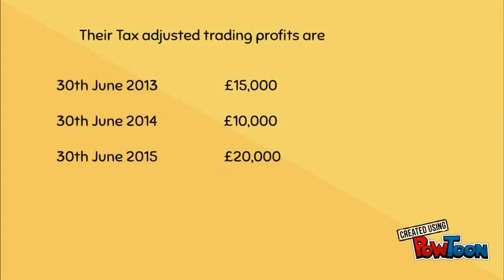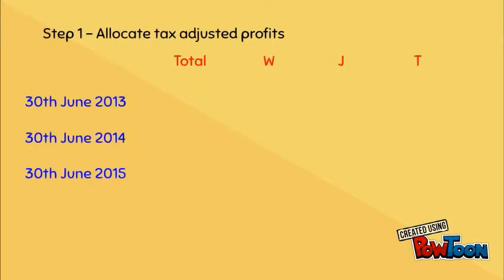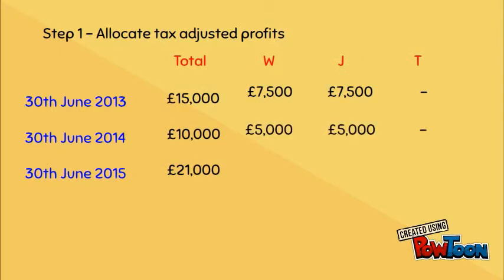Their tax-adjusted trading profits are, for the 30th of June 2013, £15,000, in 2014 £10,000, and in 2015 £20,000. The first step is to allocate the tax-adjusted profits. In the first 2 years, it is split evenly between Wayne and Jane. Tom will be treated as commencing on the 1st of July 2014.